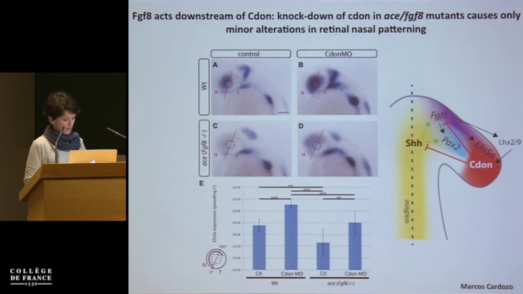And this leads us to a model in which Kidon expression in the neural retina somehow limits sonic hedgehog expression, which in turn regulates FGF signaling and the proximodistal and nasotemporal patterning of the optic vesicle in zebrafish.